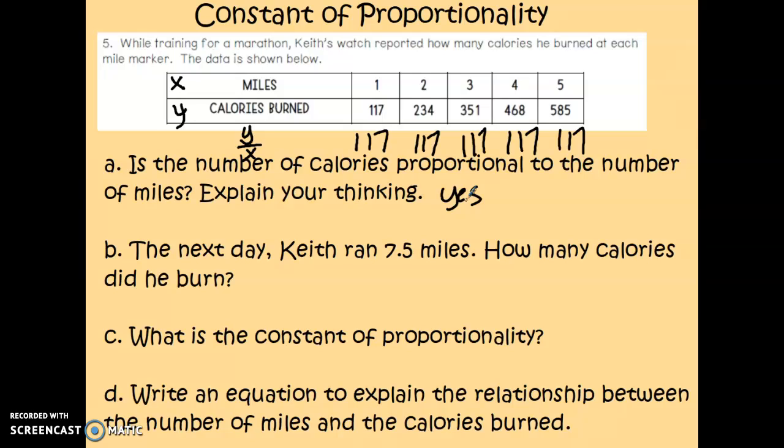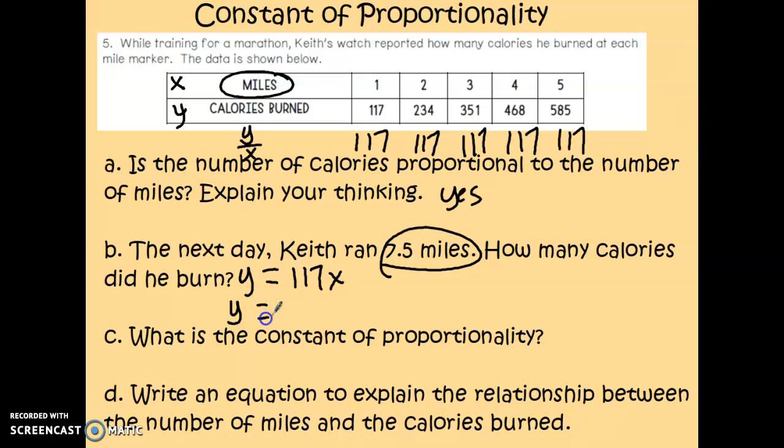So the next day he ran 7.5 miles. How many calories did he burn? Well, we already know that 117 is our constant of proportionality. So if I set this up with an equation, remember k times x, so 117x. Miles, looking up here, is our x value, so I could plug that in.